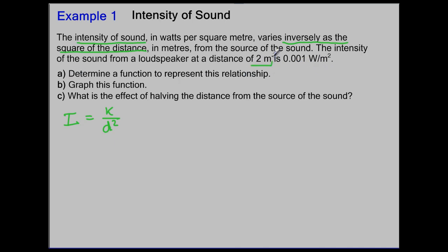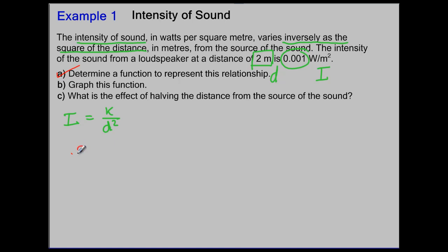Notice that they've given us the distance and the intensity. The only other thing in our formula is the K value, and because they've given us a measured intensity and the distance from the sound source, we can calculate K. For part A, that's what they want us to do.